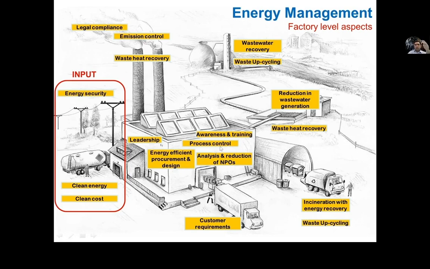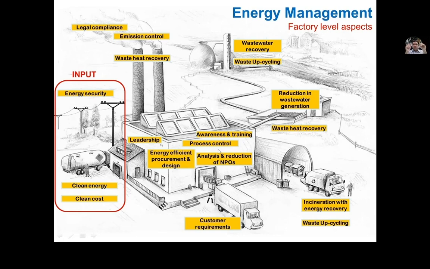How are the process controls? Process control improvement is very important. We saw that in a plastic molding factory, they were molding plastic into car parts. So we requested them to change their process parameters in a way that does not affect product quality and does not increase process time.